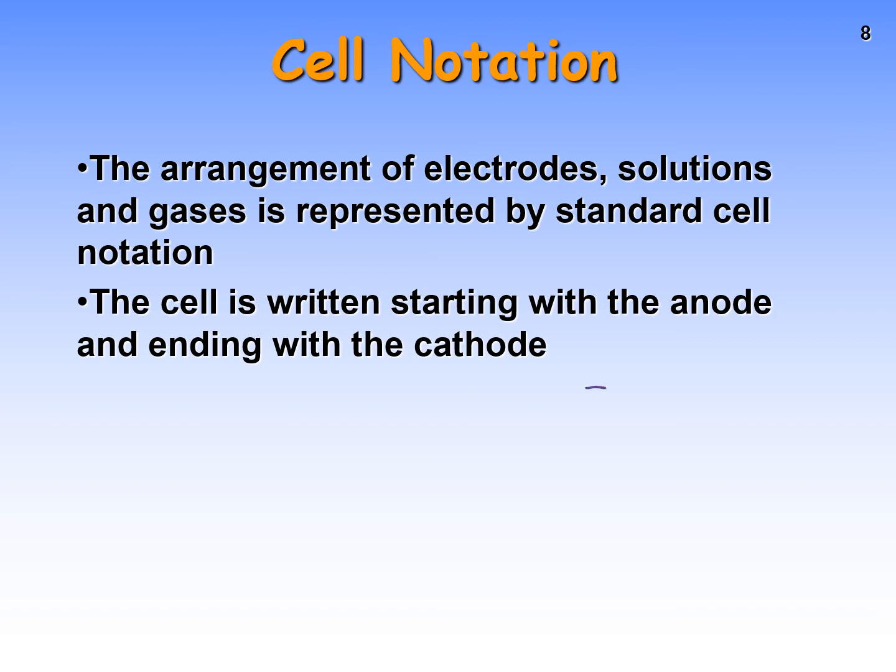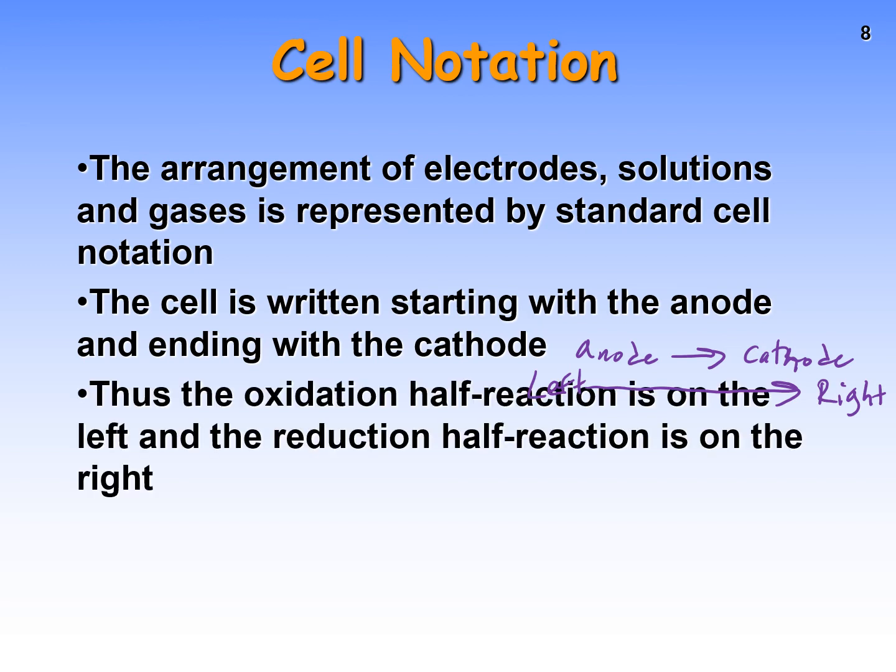So as we go from left to right on our notation, we have the anode stuff first, then we go to the cathode stuff. In other words, we really care about the oxidation half reaction first because that's occurring at the anode. And then we care about the reduction second.